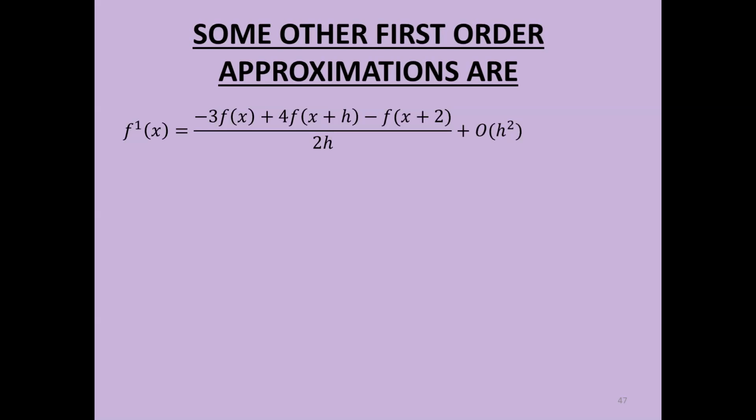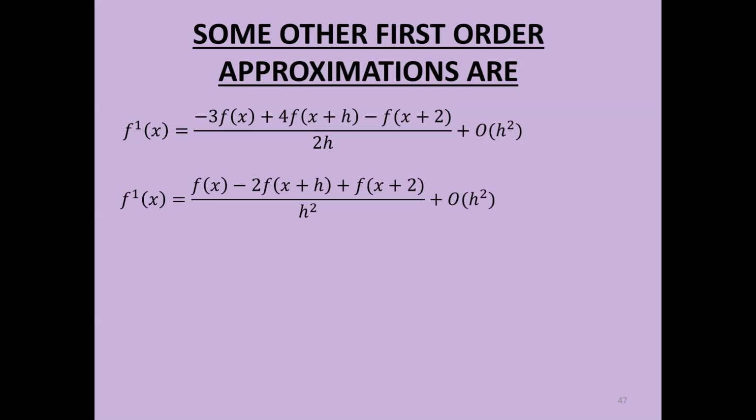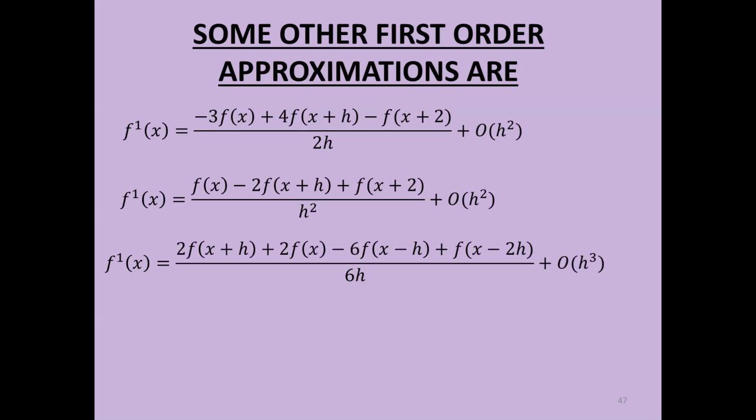That means that as you go on reducing h, that is the 2 points in the discretization, as they are going to approach towards each other, the error in the approximation is going to reduce as a function of h square. Similarly, we have another approximation. And in the third approximation, the order of the error happens to be h cube.